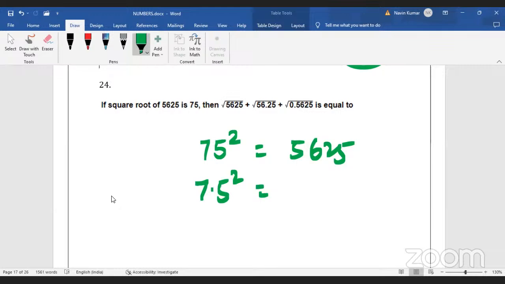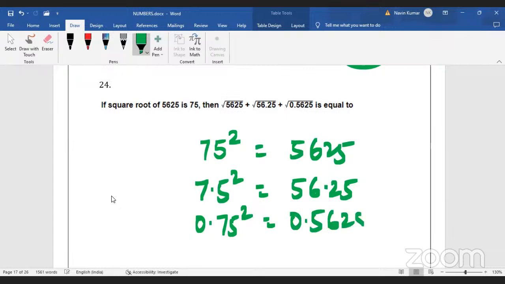Here you can see that after decimal there is 1 digit. So here after decimal it will have 2 digits. 0.75 square. After decimal there are 2 digits. So in this case there should be 4 digits. Correct? Yes, sir. Okay. Solve this question.